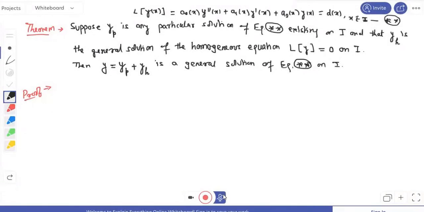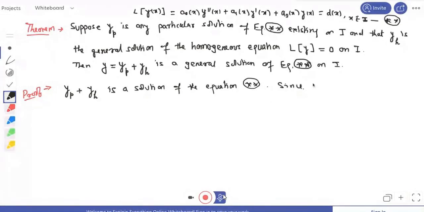Okay, so here if we consider this yp plus yh, basically the homogeneous solution and particular solution, this is a solution of the given equation double star. Since Ly is L of y, what is y?